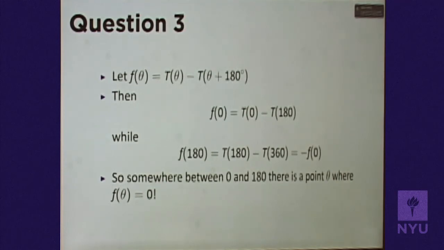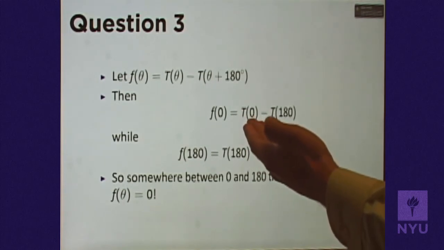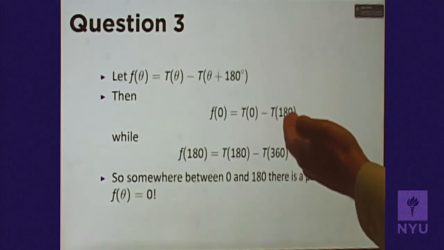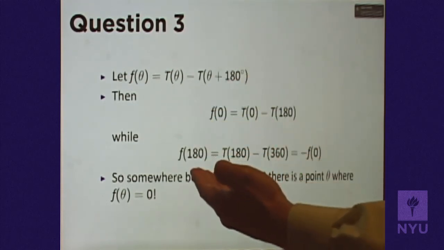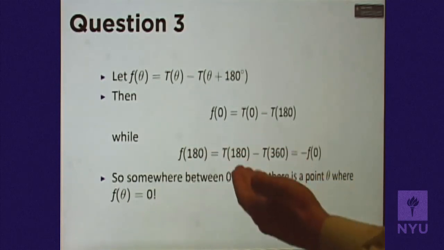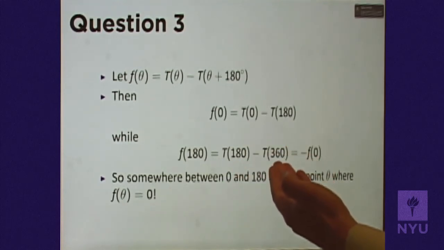But we do know that at longitude 0, the prime meridian, f of 0 will be T of 0, the temperature at the prime meridian, minus the temperature at the international dateline. Likewise, f at the international dateline will be equal to the temperature at the international dateline minus the temperature at coordinate 360.